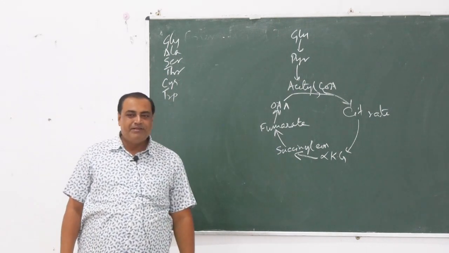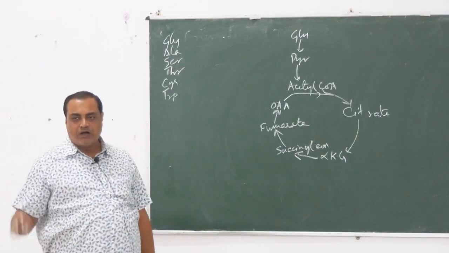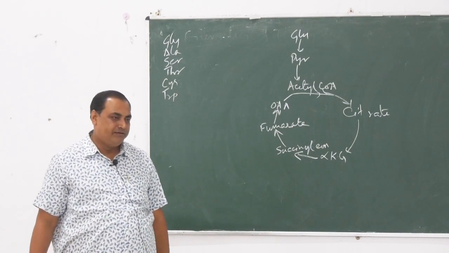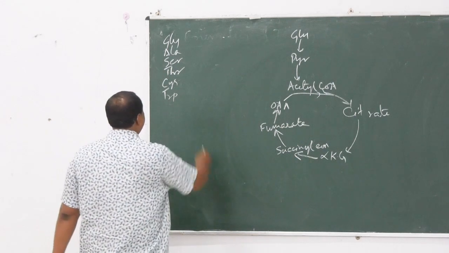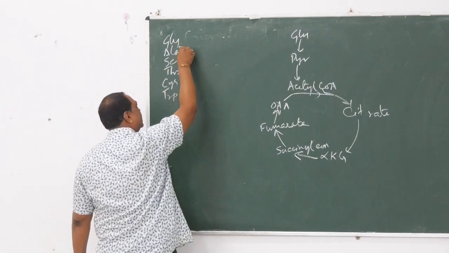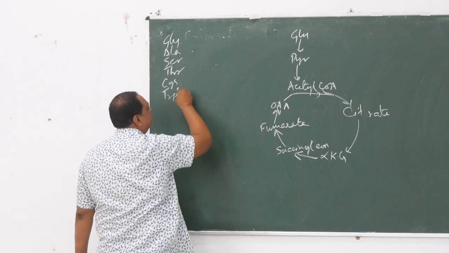Why? In the first step of tryptophan catabolism, tryptophan is split into two halves. One of the portions is alanine. So glycine gives rise to alanine, serine gives rise to alanine, threonine gives rise to alanine, cysteine gives rise to alanine, tryptophan gives rise to alanine.